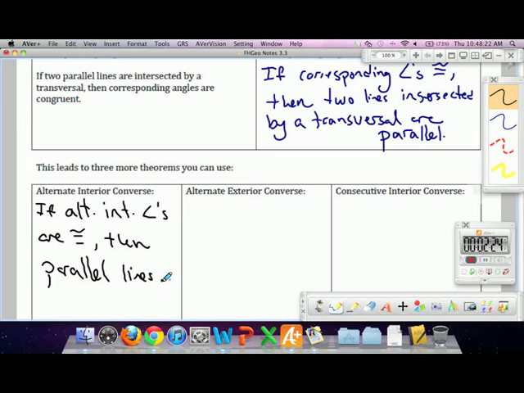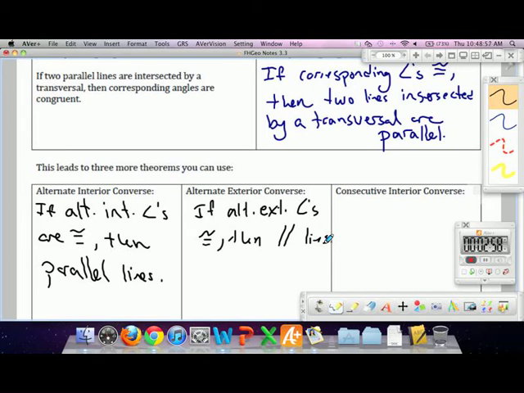Similarly, the alternate exterior converse. If alternate exterior angles are congruent, then parallel lines. The double lines are the shorthand for parallel. If alternate exterior angles are congruent, then you have parallel lines.